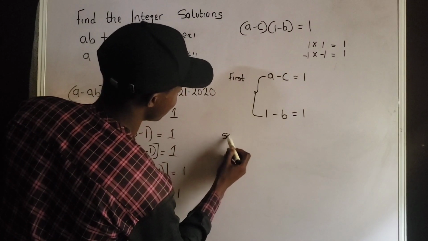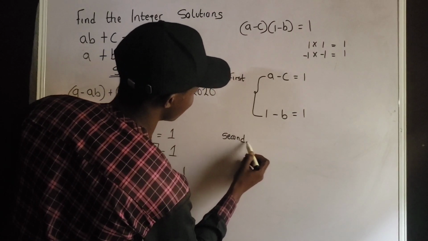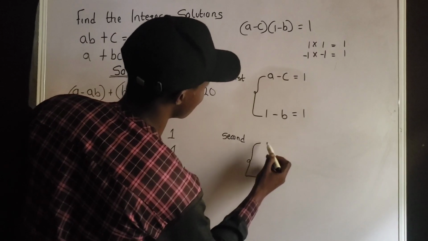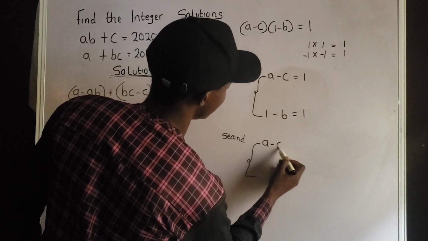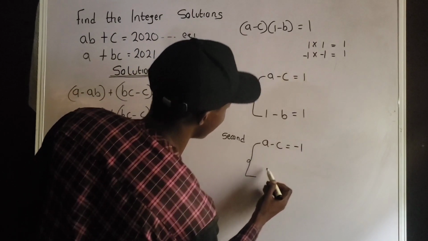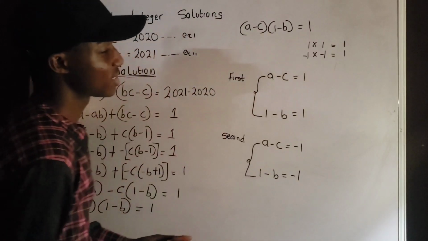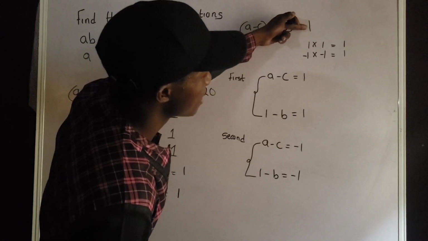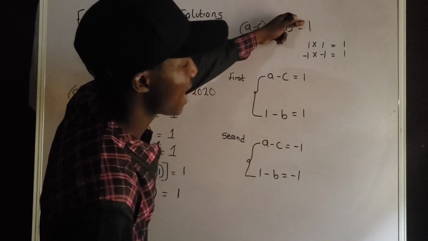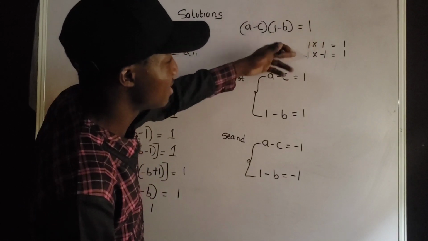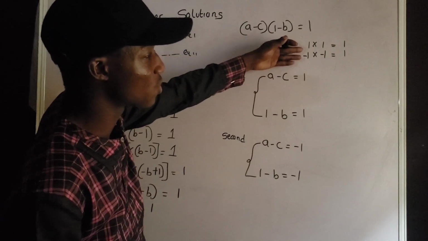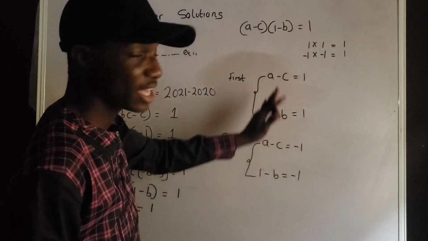For the second, A - C = -1 and 1 - B = -1. I just expanded this: 1 is 1 multiplied by 1, and also -1 multiplied by -1. That's what I have done here.